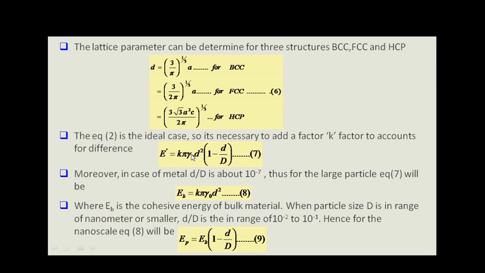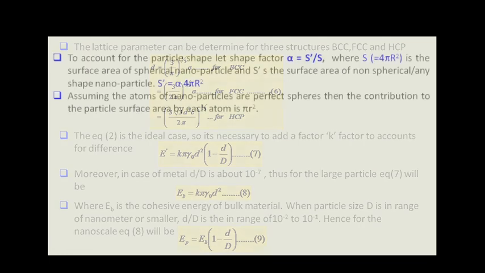This is equation 7 rewritten with a flavor of equation 8, because the first part, k pi gamma 0 d square, is nothing but your equation 8, and therefore that is replaced by EB. That means the nanoparticle cohesive energy is 1 minus d upon capital D times the bulk cohesive energy, and that is our main aspect in the next calculation.